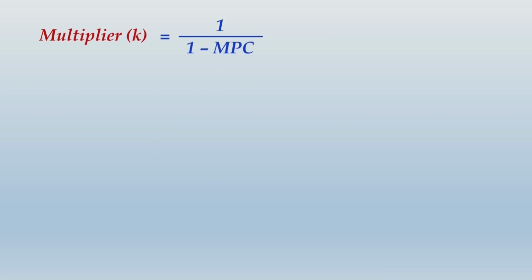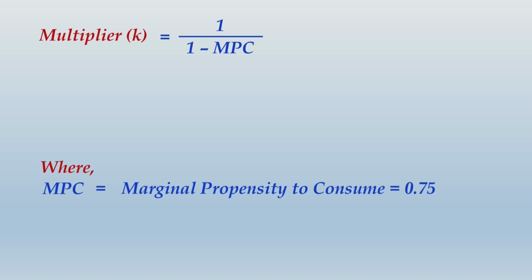Let us move ahead. Because the question has specifically asked for the computation of the multiplier, we have to do that. So multiplier, that is K, equals 1 upon 1 minus marginal propensity to consume, and I don't have to explain this to you. I have been explaining this kind of calculation all the way through. When you substitute these values, the value of B was 0.75.